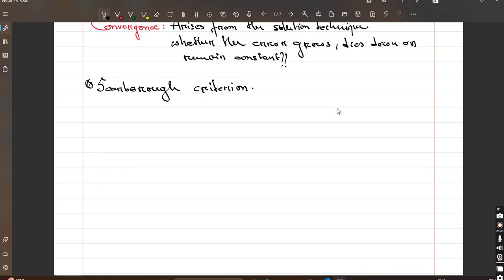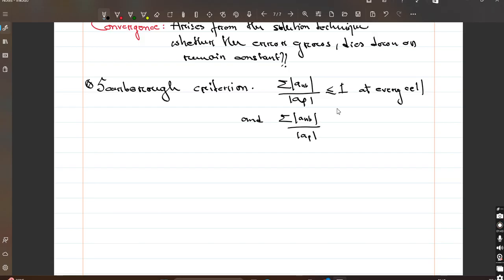It says that the sum of all the neighboring coefficients divided by the coefficient of the particular cell should always be less than or equal to 1 at every cell, and less than 1 for at least one cell.